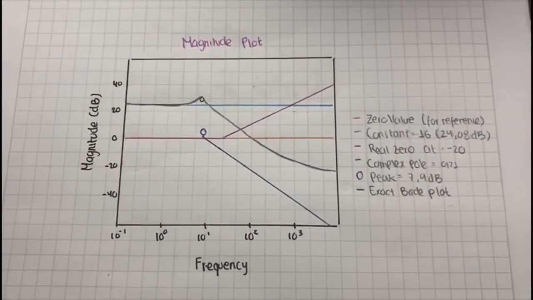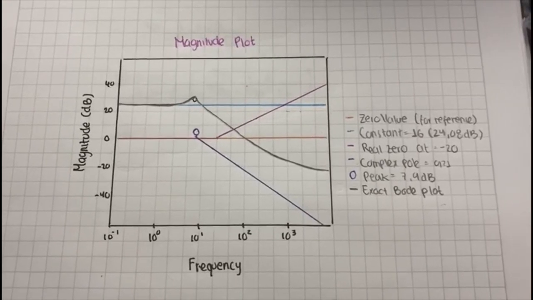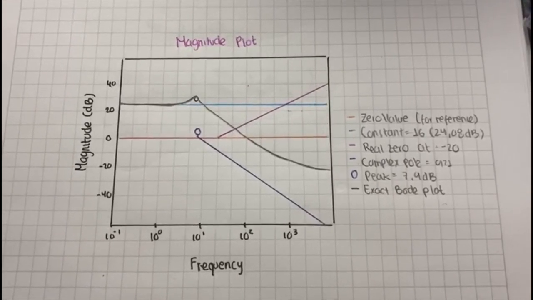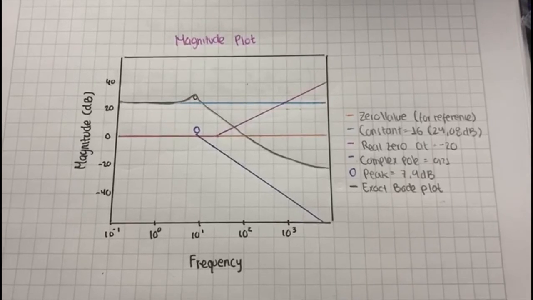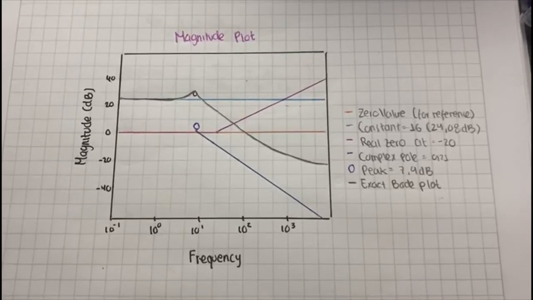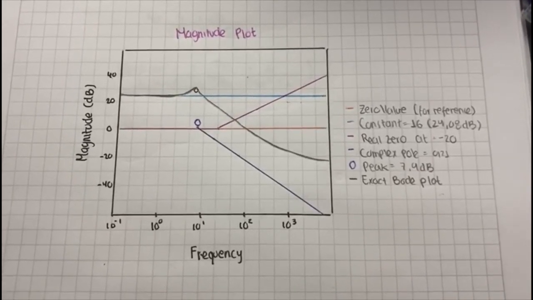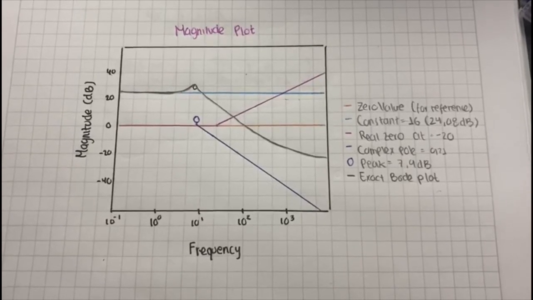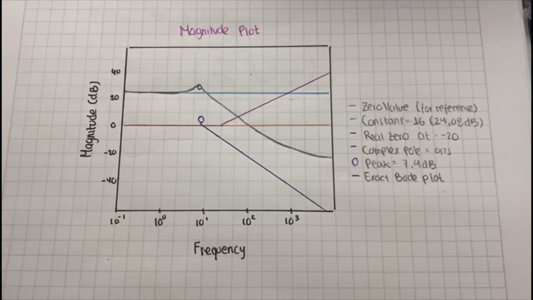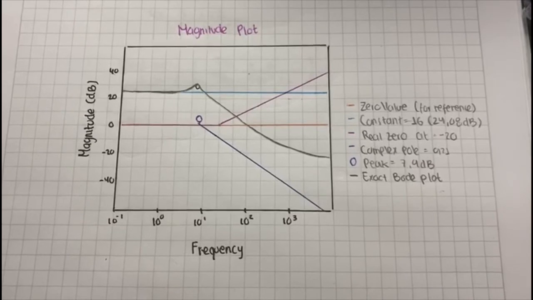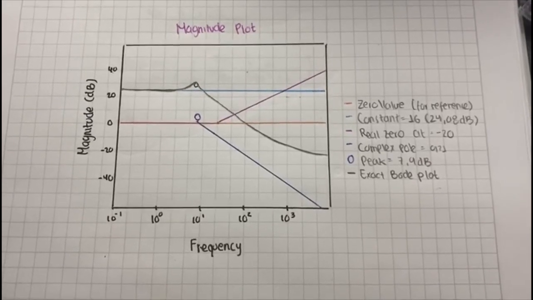The orange line is a reference value for 0, while the blue line is the constant with a value of 24.08 dBs. We know that zeros in magnitude cause a slope of 20 decibels per decade. We can see this in the pink line.